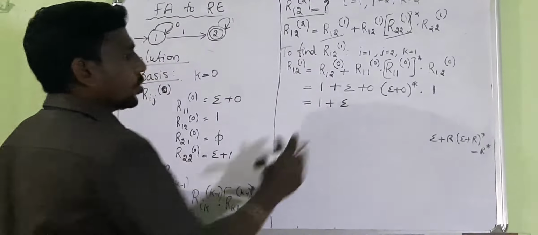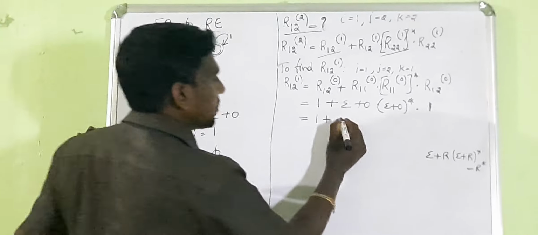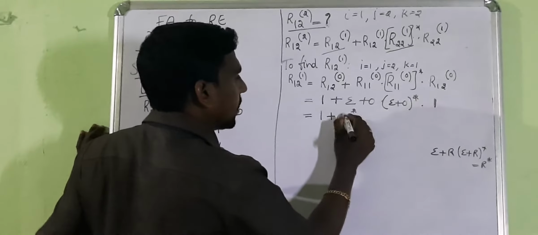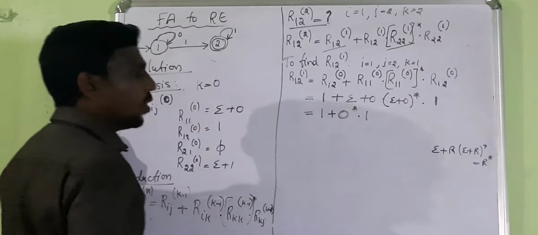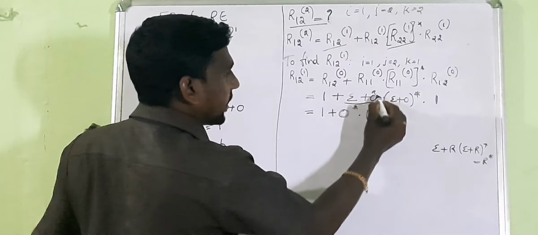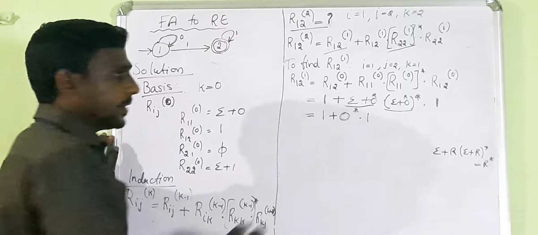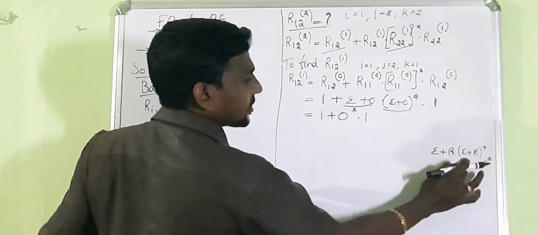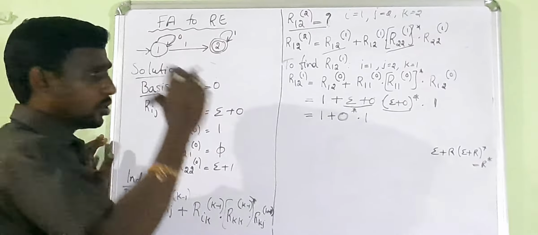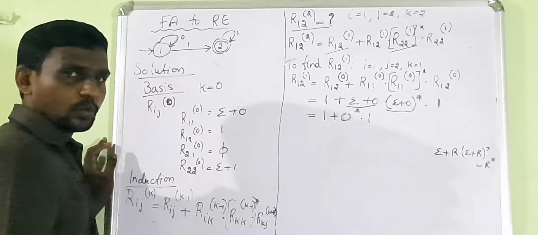So 1 plus R star, where R star means 0 star, 0 star into 1. You may ask how R star comes. Epsilon plus R, you can assume this is R, into epsilon plus R the whole star. So epsilon plus R into epsilon plus R star equals R star, as we studied in the minimization rule. So R is 0, so it is like 0 star into 1.